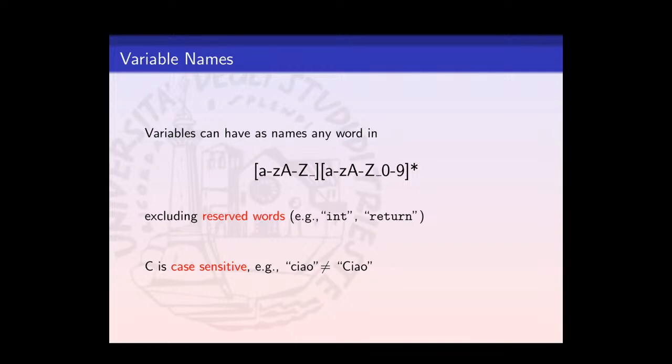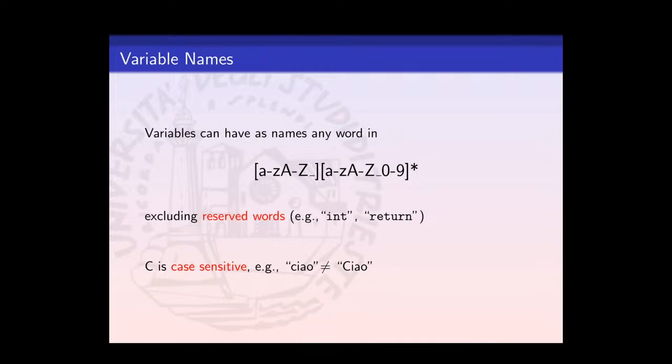So you cannot name a variable, for instance, 0people. You can name it people0, but not 0people.